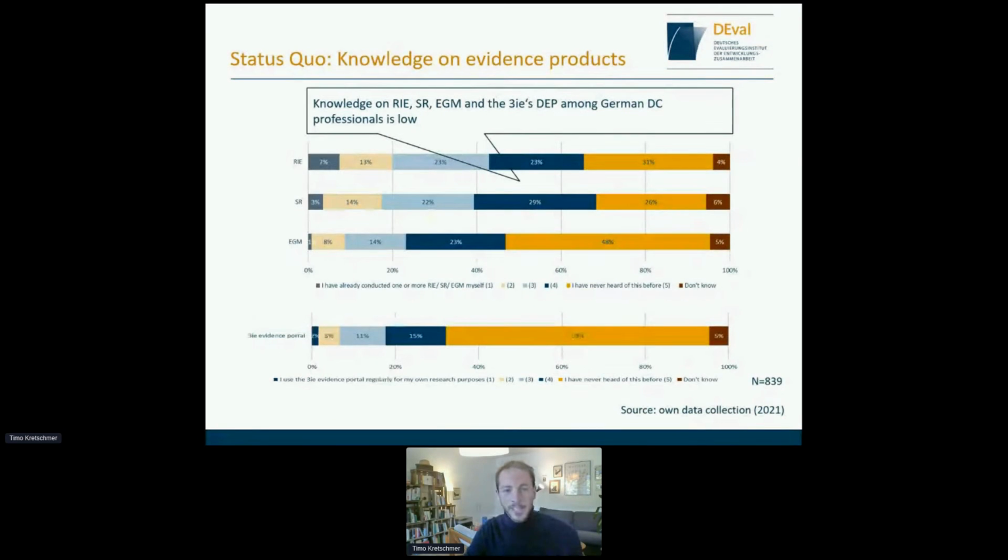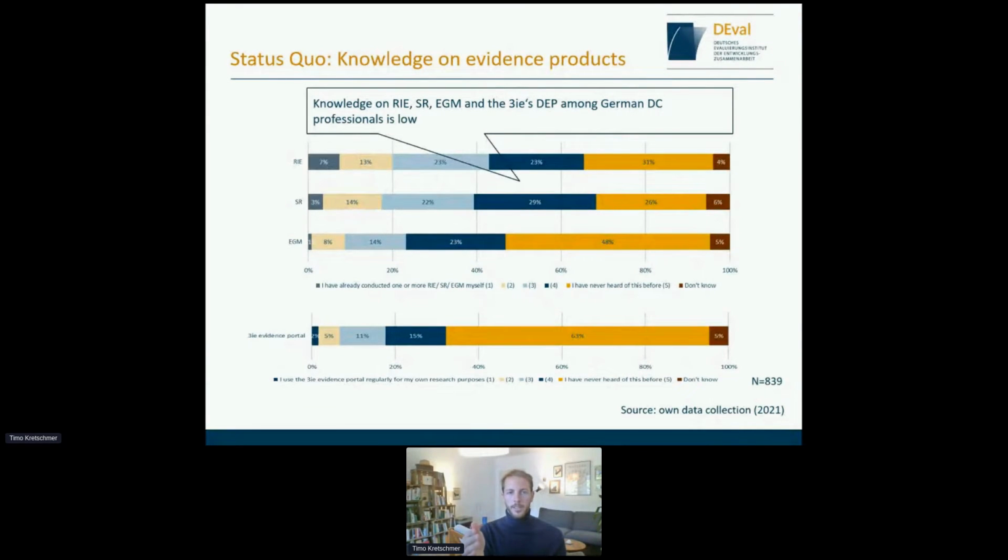So let's jump right into our findings. This is on the status quo of evidence products. The first top 3 rows are the knowledge among German development professionals on RAEs, systematic reviews, and evidence gap maps. Moving to the right would mean that people have never heard of those products before. As you can see, it's not looking that great, especially for evidence gap maps.